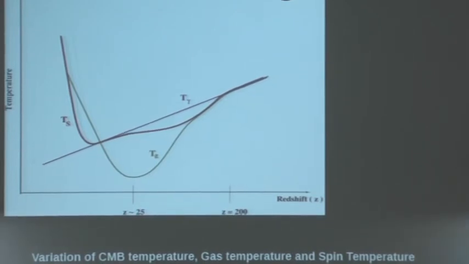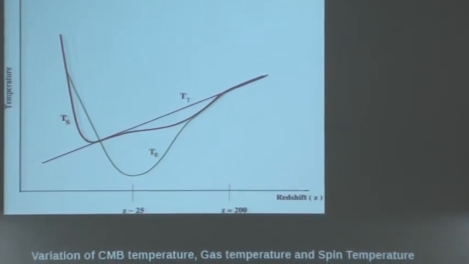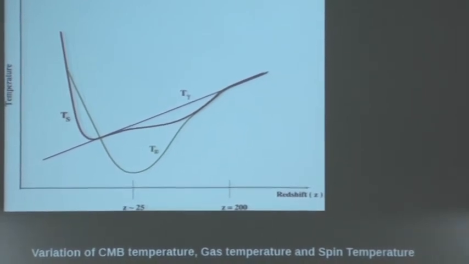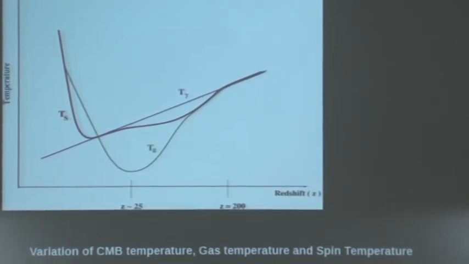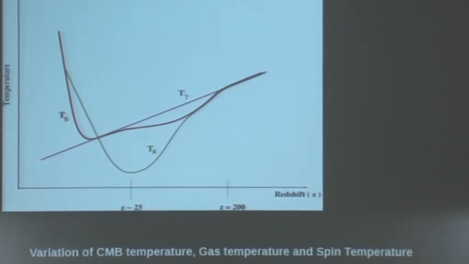The spin temperature and the gas temperature are kept the same through collisional processes between the gas atoms themselves, which are colliding with each other and keeping the spin temperature in an equilibrium state. The CMBR temperature is maintained at the gas temperature because of the presence of these remnant electrons, which are still maintaining the equilibrium. Right? So all three temperatures are the same till a point, say 200.